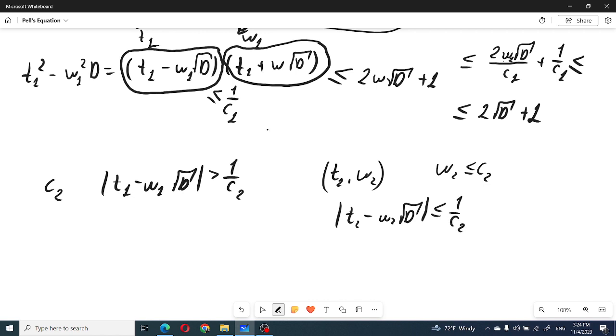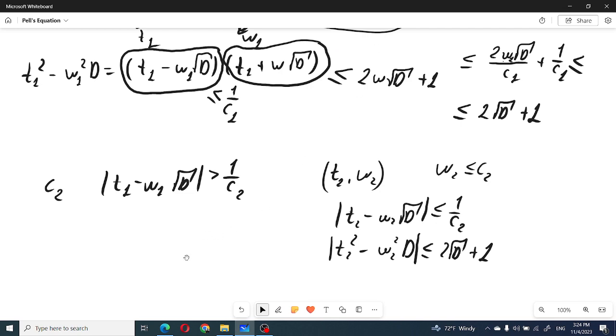And with similar logic, we will see that the absolute value of t2 squared minus w2 squared d will be less or equal to 2 times square root d plus 1.